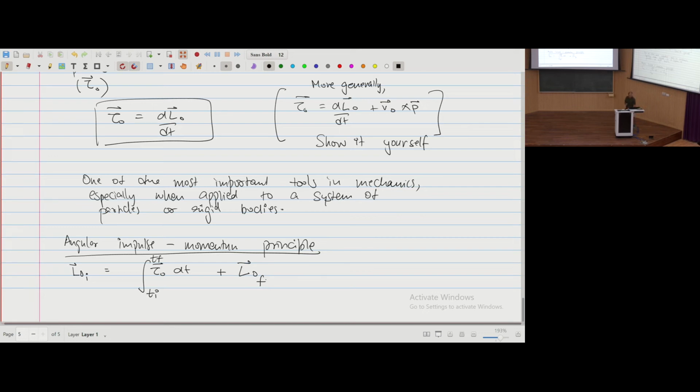So, the angular impulse, which is this quantity, when added to the initial angular momentum, gives you the final angular momentum, very similar to what we had in linear momentum.